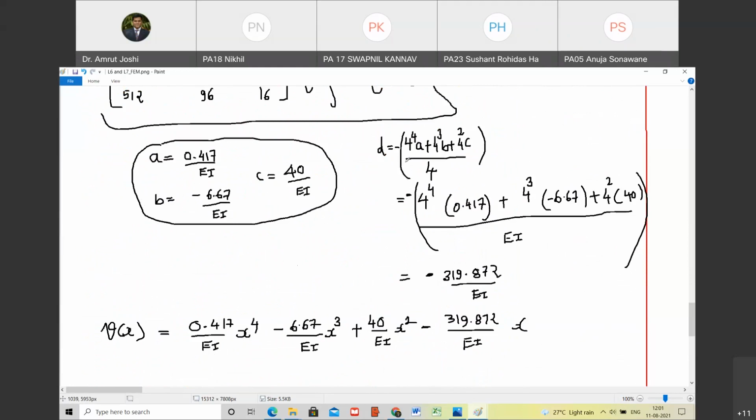Just 1 minute. Let me calculate 4 raised to 4 into 0.417 plus 4 cube.